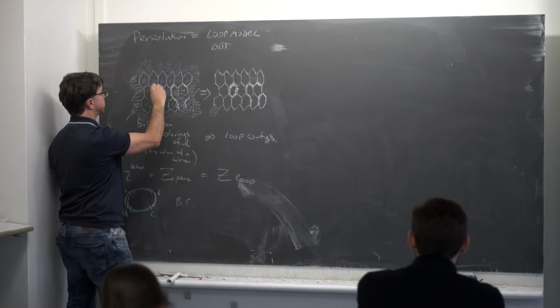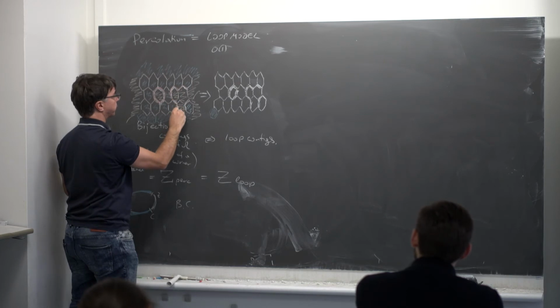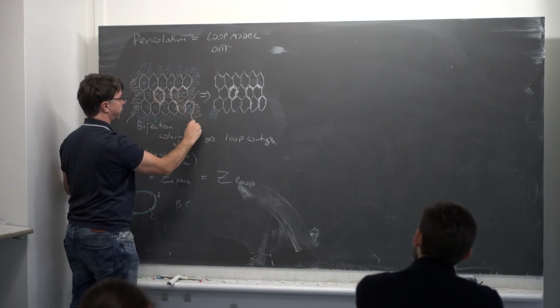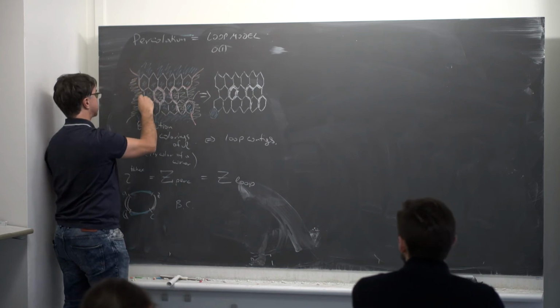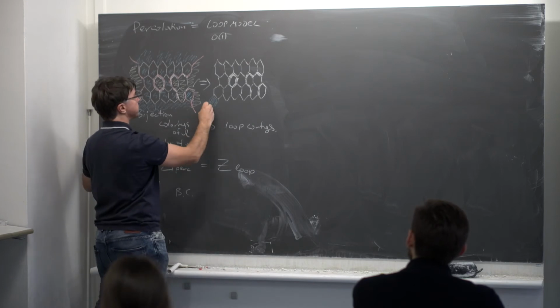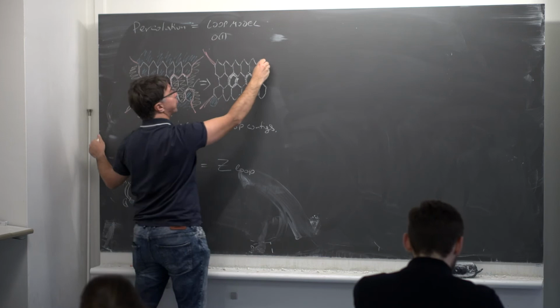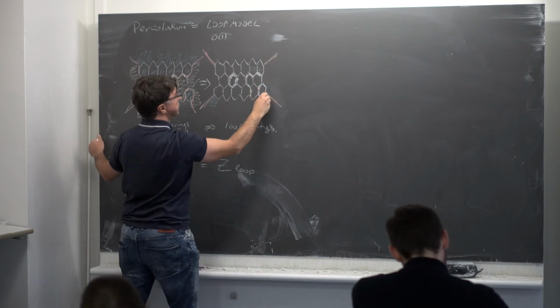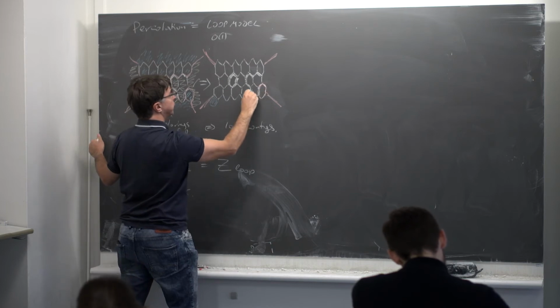There is this loop as it was. There is this loop which goes like that, and then it ends up here, and it ends up here, and it ends up here. So the boundary condition for loops becomes that there are 4 sources at 4 different points. So this is the boundary condition for the loop model. So it goes like that.